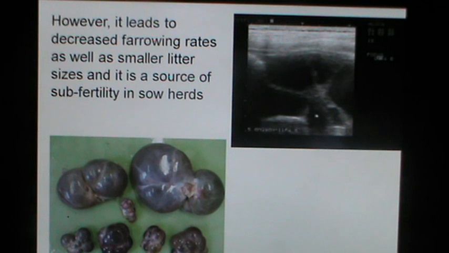Here you can see the ovary having multiple cysts, and in this picture, which shows the abattoir-derived ovaries of sows, the lower ones are the normal ovaries and the upper ones show the ovaries with follicular cysts.